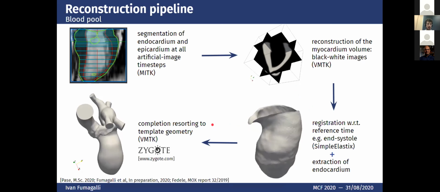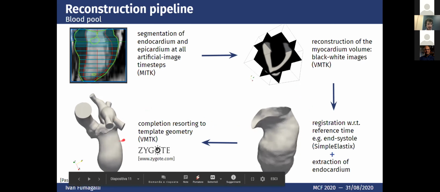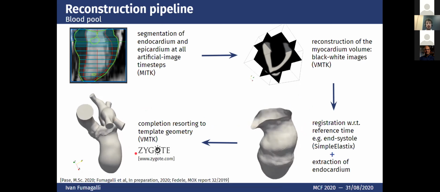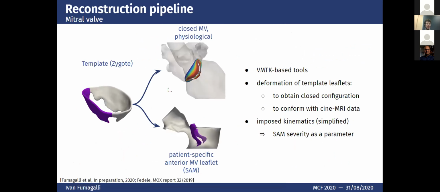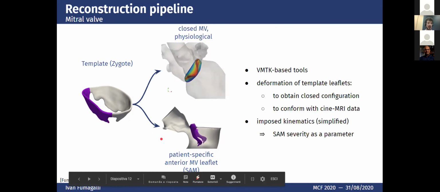The full geometry of the left heart, so the completion with the aorta and the left atrium, is done hinging upon a template geometry that in the present case is the one provided by Zygote. Now, if this represents the reconstruction of the blood pool, we also need to perform a meaningful simulation of the ventricle hemodynamics. We also need the presence of the valves.